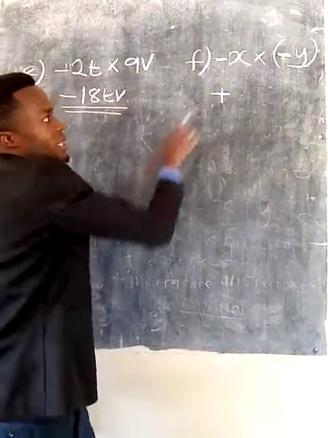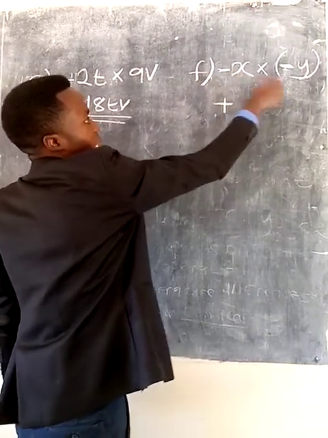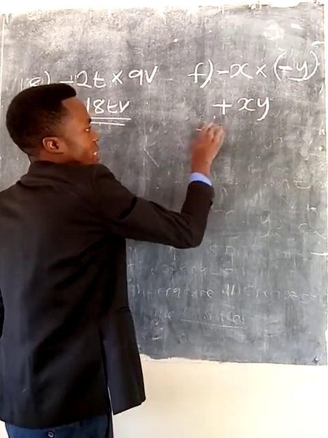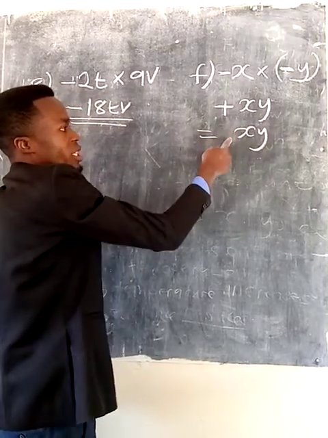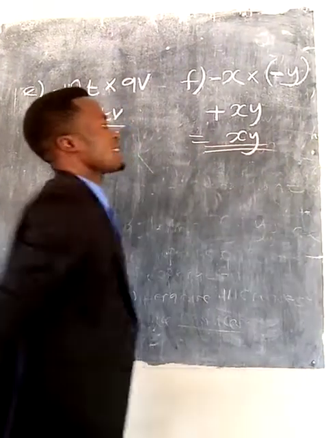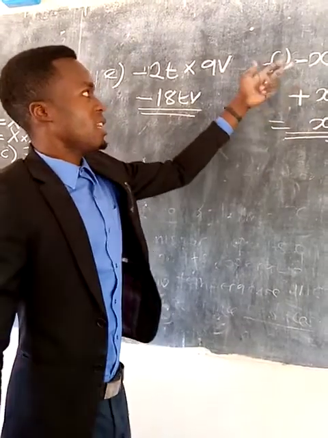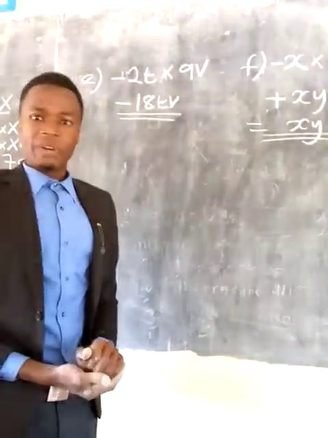Then we go to the coefficients, and obviously we know this is just a 1. So x times y is going to give us xy. So the final answer is xy, since even if you don't put a positive there, it's just the same. This is the way you're supposed to approach these questions with regard to the multiplication operation.